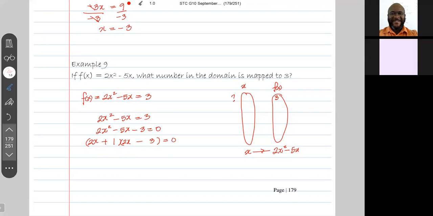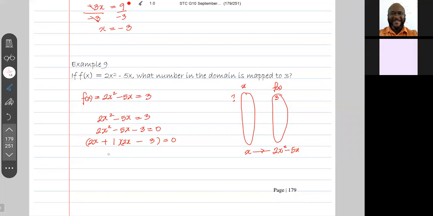And this is equal to 0. Now, I just did the factorization by trial and error. When I taught this to you, I taught you the ABC method, and I taught you how to use the quadratic formula. Please review the knowledge from last year.